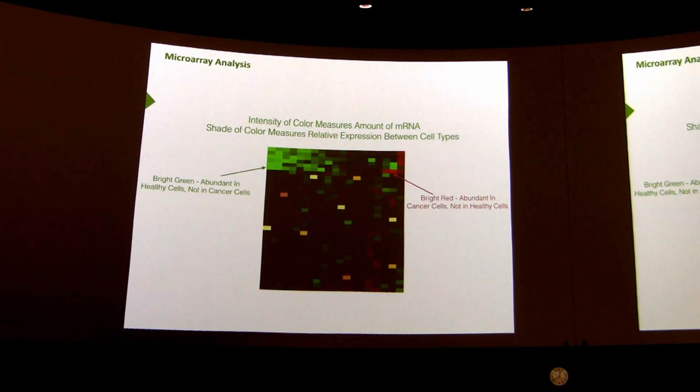Bright red will be abundant in cancer cells but not healthy cells. Bright yellow will be abundant in both. And black will be absent in both. So now with this analysis, I can tell what is the amount of messenger RNA that was present in each of those tissues. Okay?